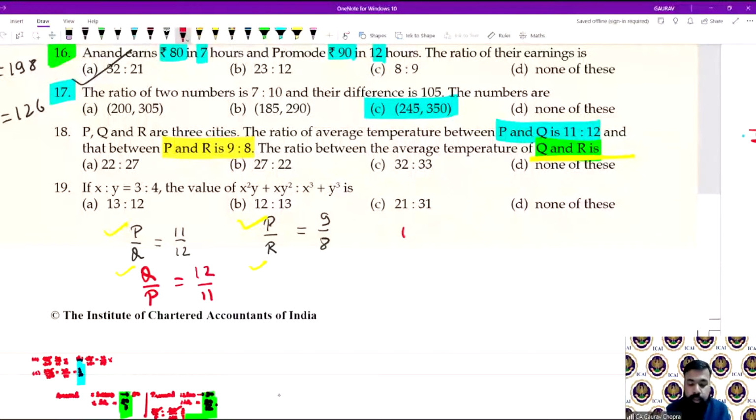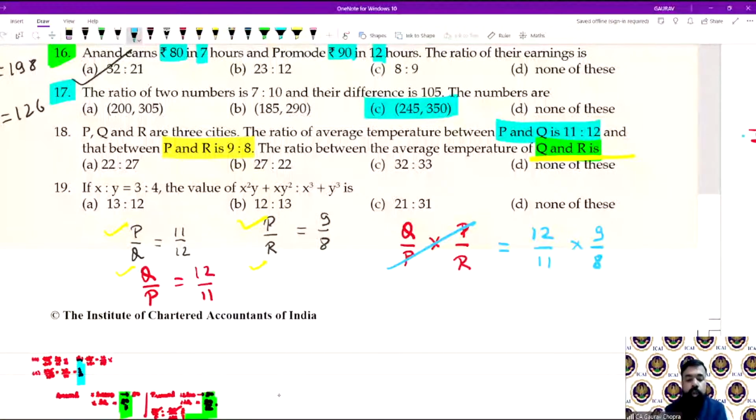So on multiplying these two, Q by P multiplied by P by R, P and P will get cancelled and we will get the final ratio of Q and R. So what is Q by P? 12 by 11. P by R is 9 by 8.